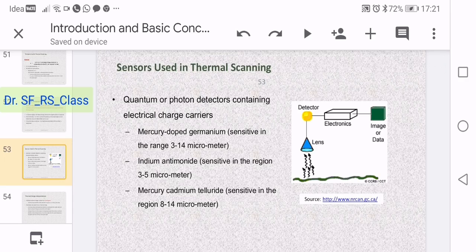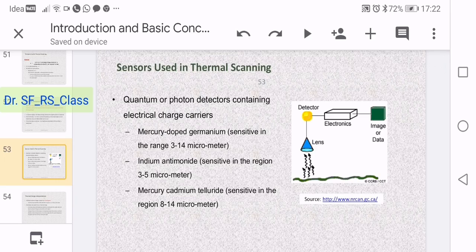Mercury doped germanium has a sensitivity from 3 to 14 micrometer. The entire range of the thermal region, this mercury doped germanium is sensitive. And indium antimonide is sensitive to the smaller range of 3 to 5 micrometer. And mercury cadmium telluride is sensitive to the 8 to 14 micrometer range.